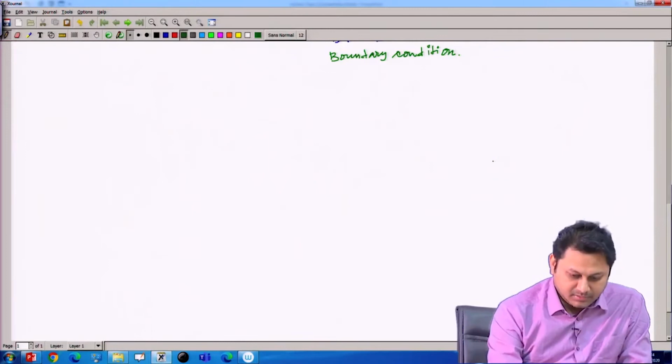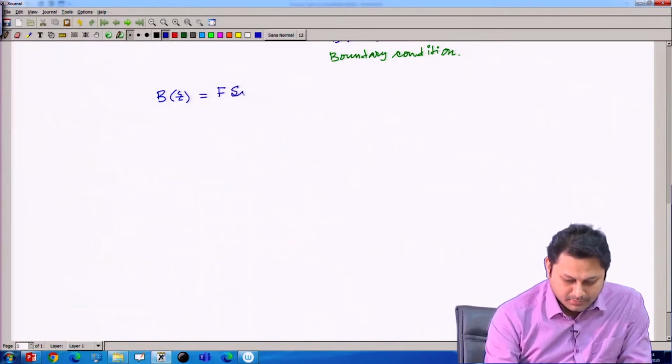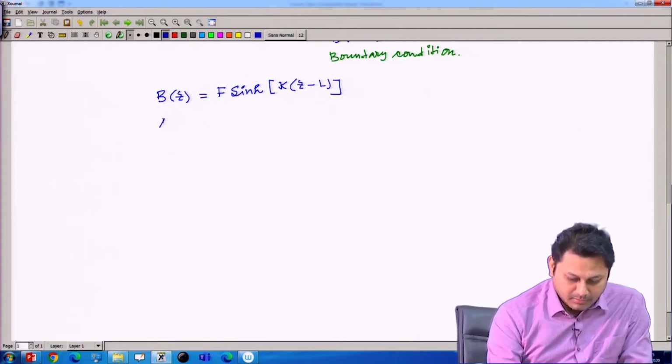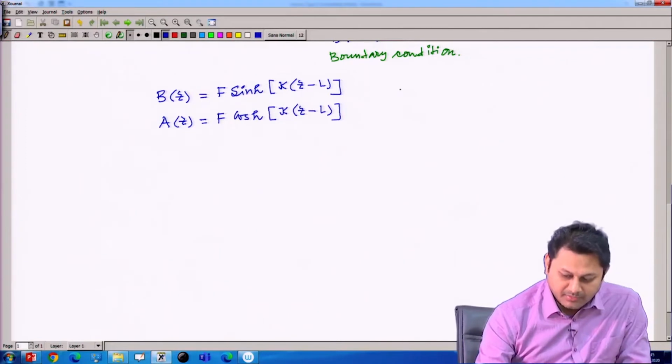After putting this boundary condition, we managed to find the value of B, which is f sinh of kappa times (z minus L), and A(z) was f cosh of kappa (z minus L), where f is a constant.